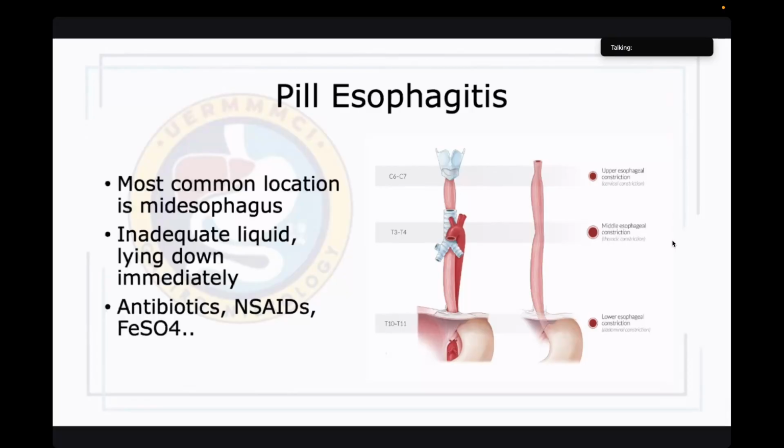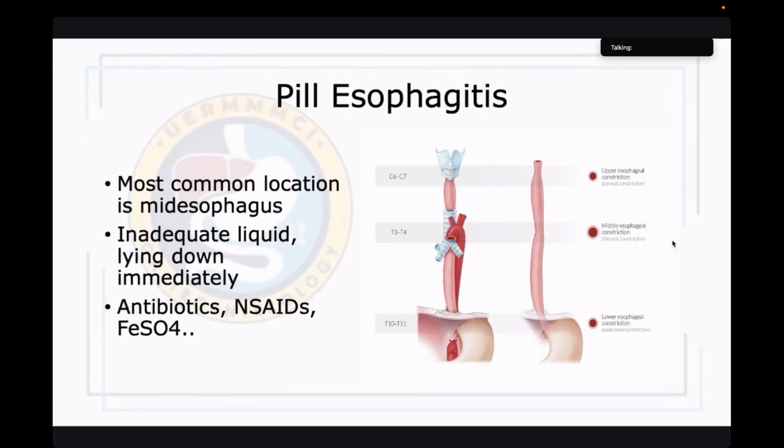Pill-induced esophagitis occurs when a swallowed pill fails to traverse the entire esophagus and lodges within the lumen. The most common location for the pill to lodge is in the mid-esophagus, near the crossing of the aorta and the carina. This leads to chemical irritation in the mucosa as the drug is dissolved in this area.